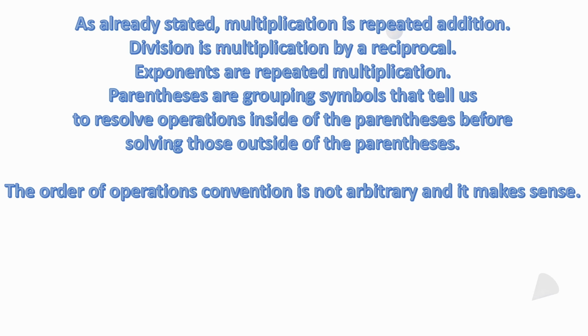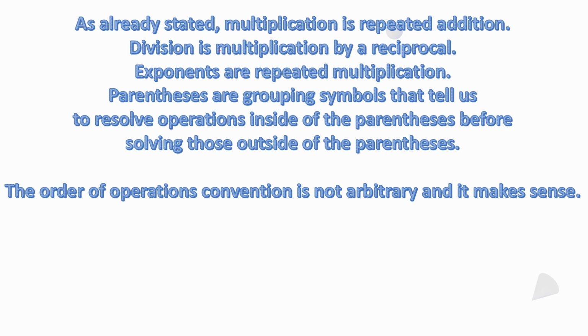So in other words, when you have exponents, you might have 5 to the third power. All that means is you're multiplying 5 by itself 3 times, basically. 5 times 5 times 5 would be the same thing as 5 to the third power. So it's much easier to write it using exponents. So exponents are going to have higher priority than multiplication or division because of that.